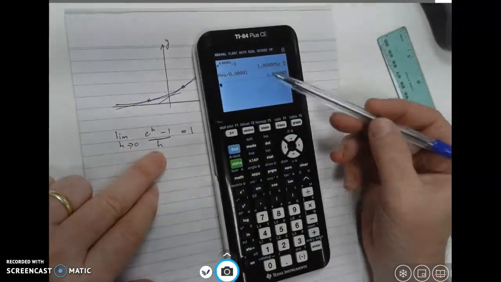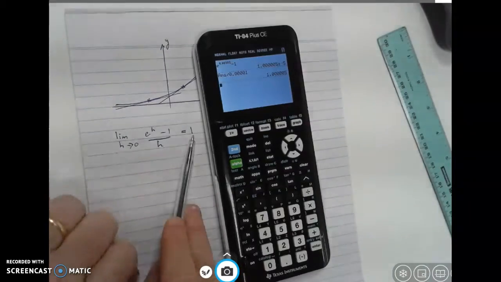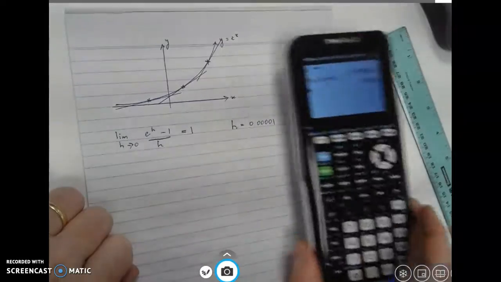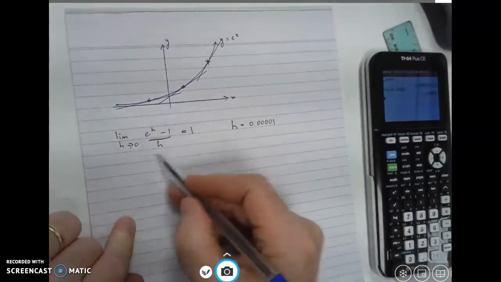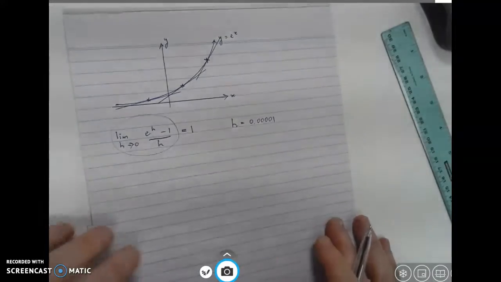You see that it does approach in fact 1. Okay, and the closer and closer we get to 0, the closer this limit will be to 1. So we can see that this limit itself is in fact going to equal 1. So that's the first bit of information.